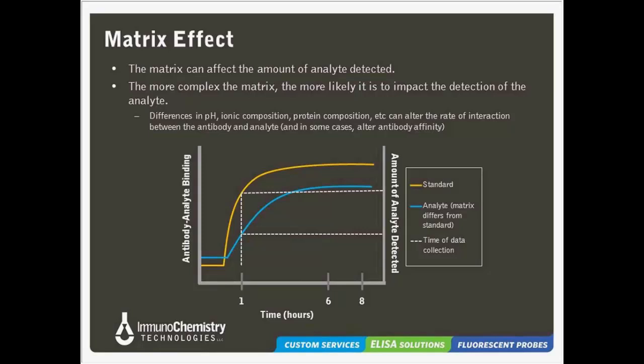But we're showing this here just to show that within an hour's period of time, because of the capture efficiency differential, the capture efficiency of the capture antibody in the standard curve wells with a very nice, easy matrix is some certain level. Comparatively speaking, that same amount of capture efficiency in your sample well is about half that, say after an hour. This is overblown. You probably wouldn't reach this much of maximum after an hour, but you get the point.